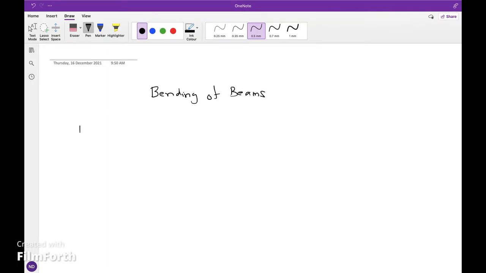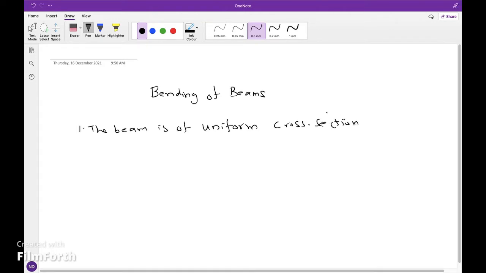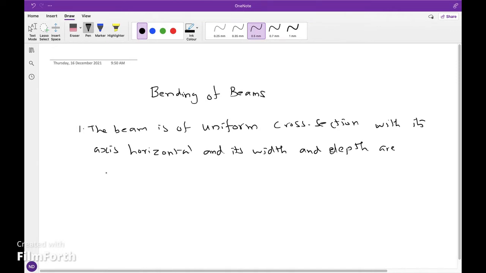Assumption 1: the beam is of uniform cross section with its axis horizontal, and its width and depth are small compared to its length.